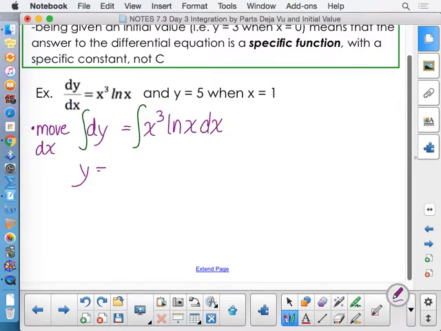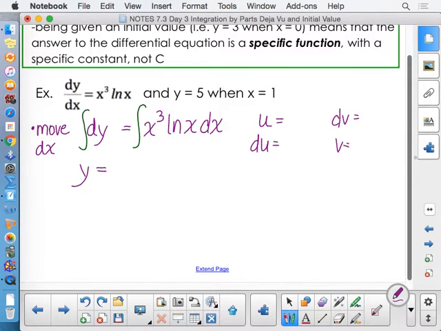So we're looking for the specific y function for whom this integral works. So we want to be thinking about solving that derivative or solving that integral. So again, I'm going to go for parts.